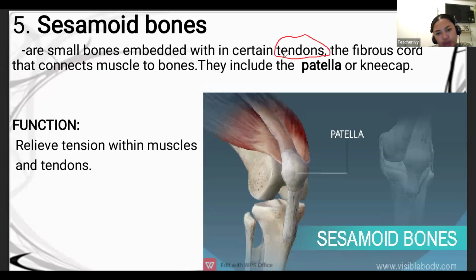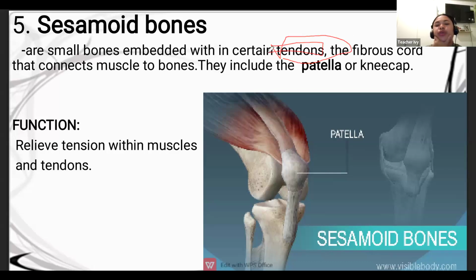Anyone who could recall what tendons are? You can raise your hand if you want to answer. Anyone who knows what tendons are? Alfonso. Okay, let us hear from Alfonso and I will call other students also to share their ideas.